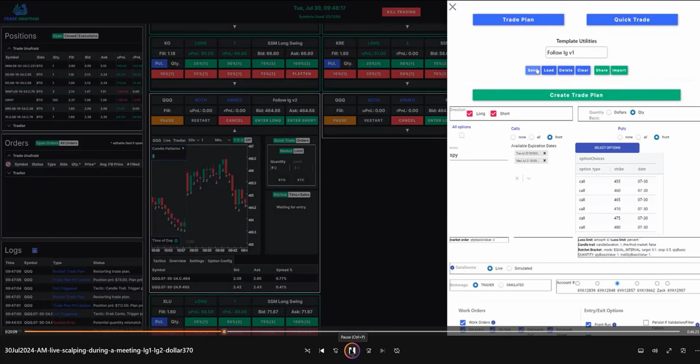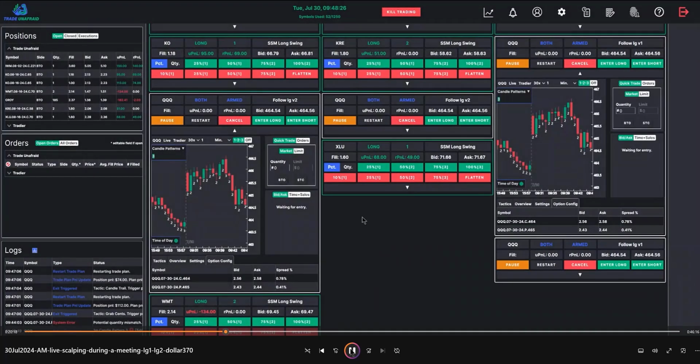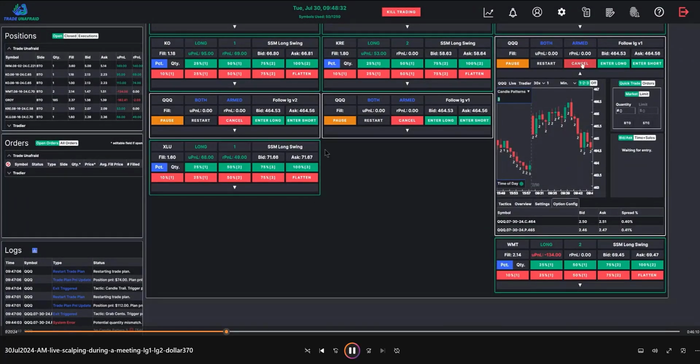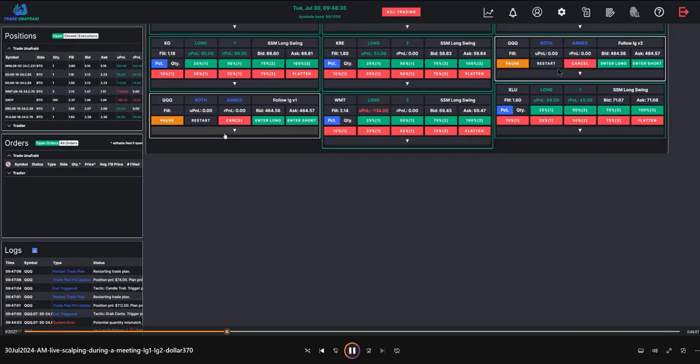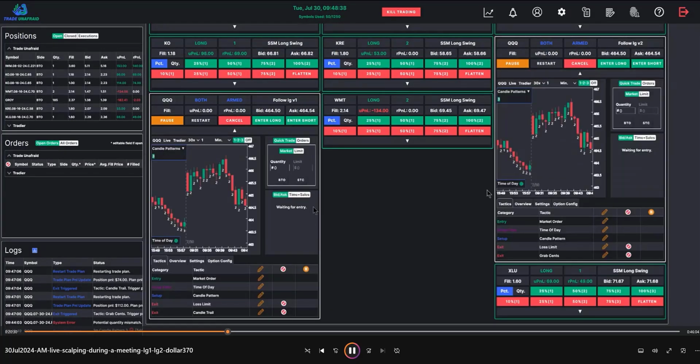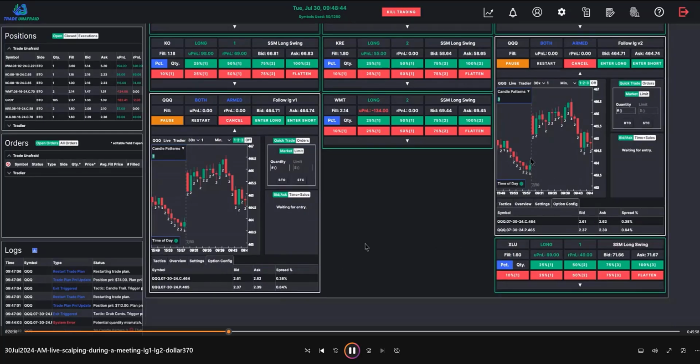It'll actually use the mid between the bid and the ask rather than last. So what I've done now is I've actually created two new triple Q trade plans, and I just got rid of the old ones. So these now have the front run on that wasn't on for the old ones.